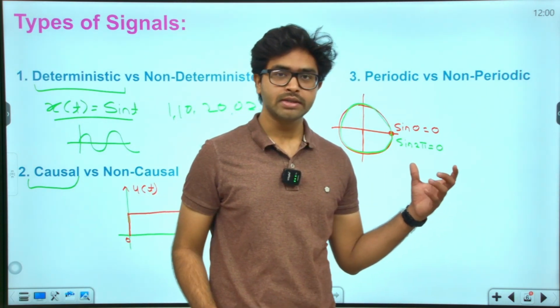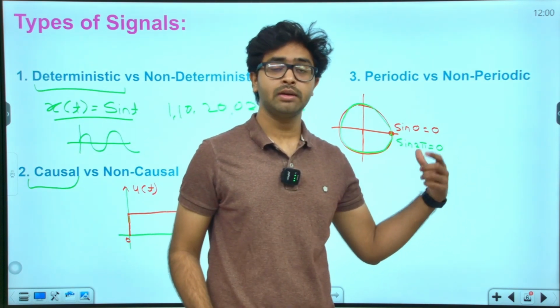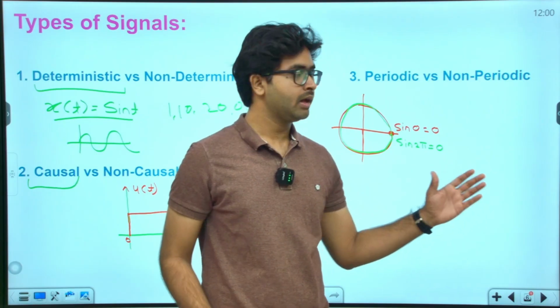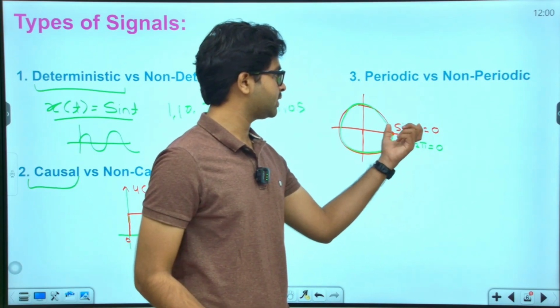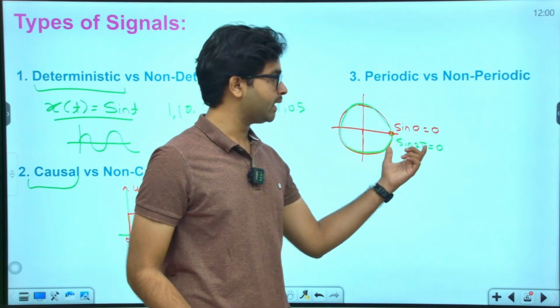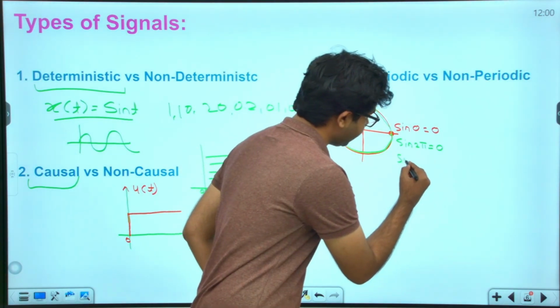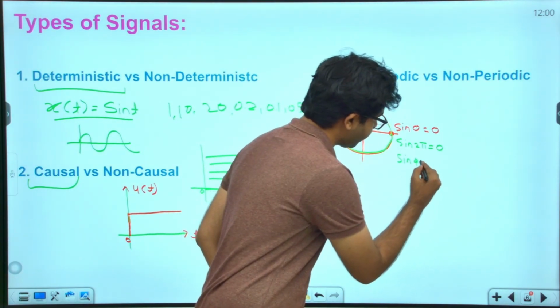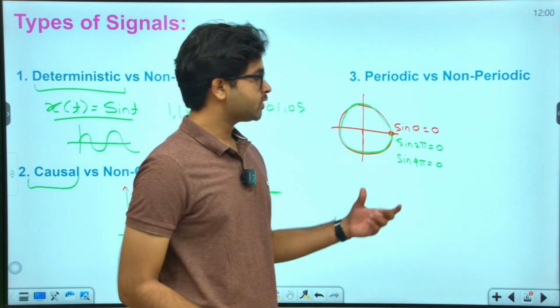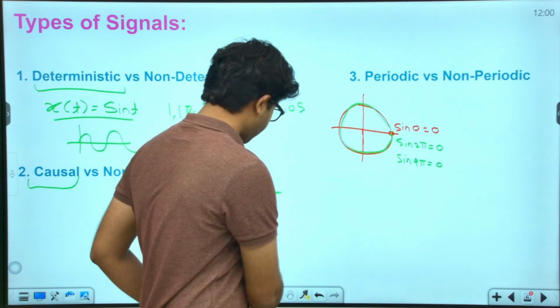Means after some specific time interval, the value remains the same. It repeats its value, and again after 2 pi, like sine 4 pi, it will remain 0. So this is the periodic signal which repeats itself after some time interval.